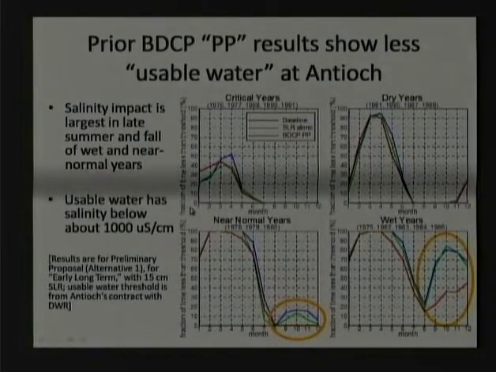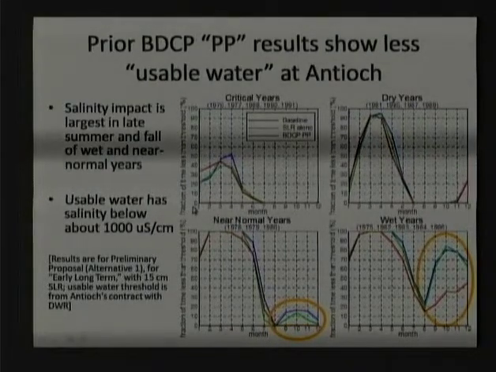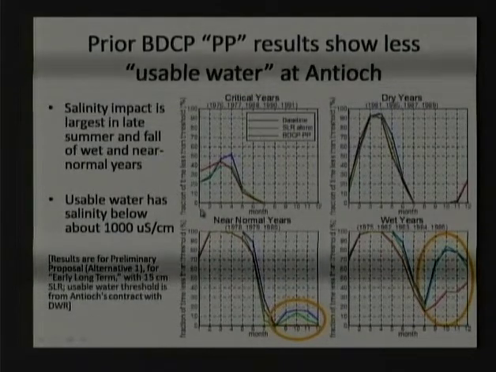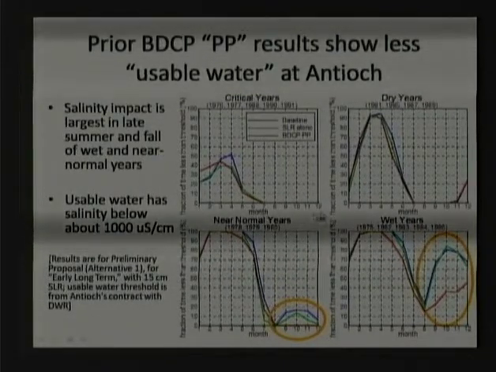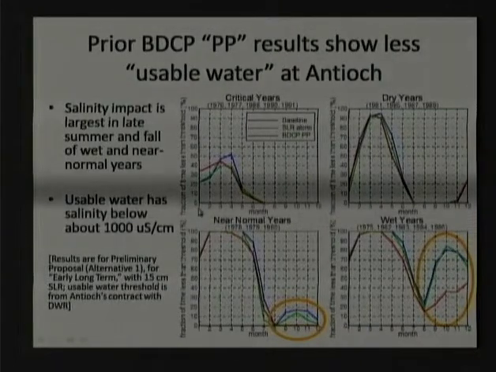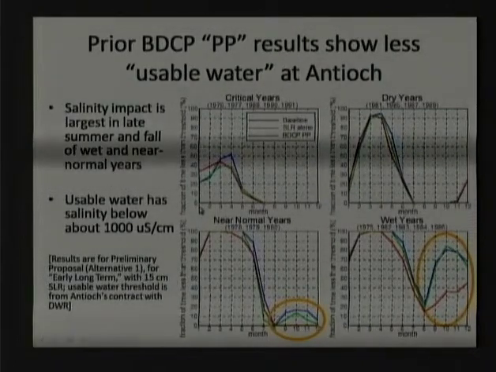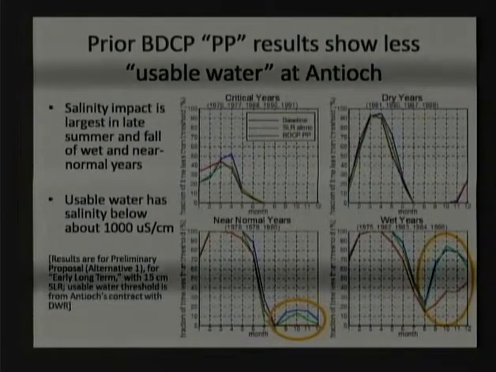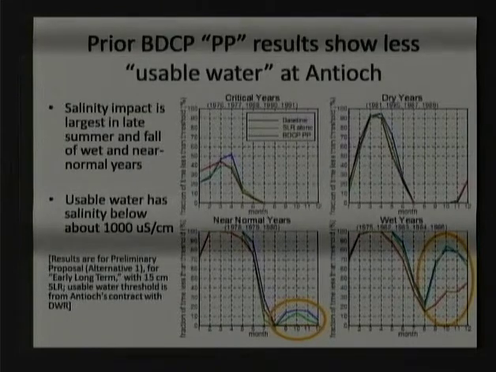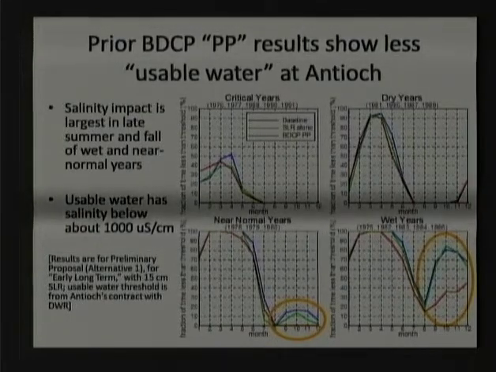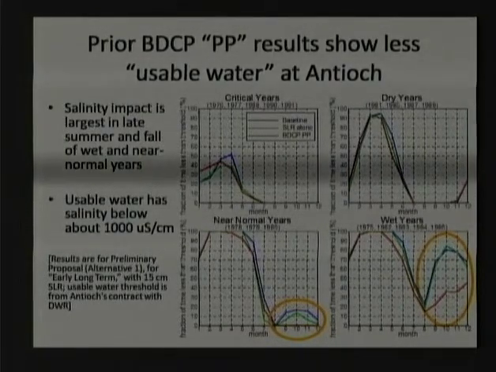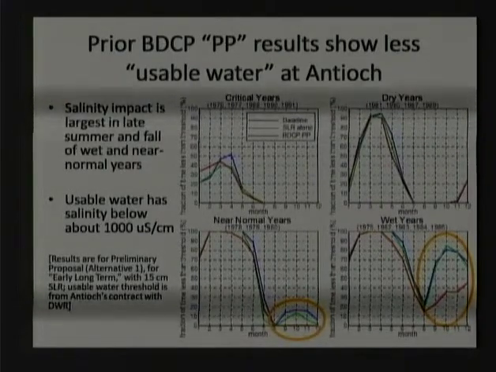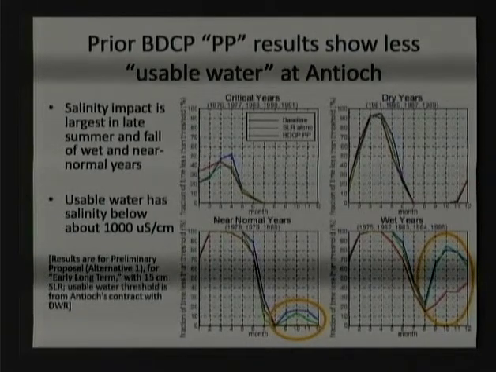And what we've done here is to divide into different year types, so to separate the results out into different year types, and to show them by month of year, so from January to December, and to show the fraction of time in each of those months, aggregated over year types, that water at Antioch's intake would be usable. And we used a salinity threshold that's defined in a contract between Antioch and DWR. It's just below 1,000 microsiemens per centimeter. So these are conditions when Antioch would be able to take water.